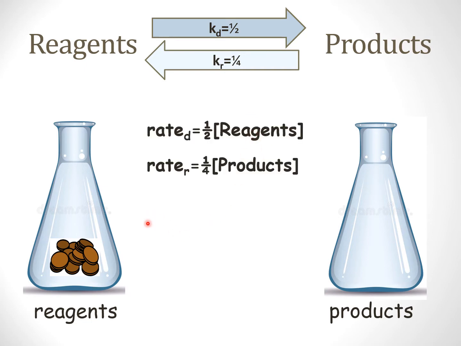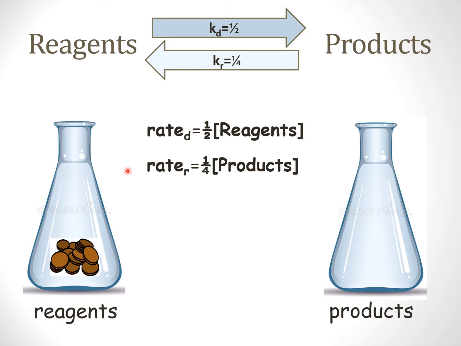So the rate of the direct reaction is directly proportional to the concentration of the reagents, with an exponent of 1 just because it's first order, and the value of k is 1/2. For the reverse reaction, we have a k of 1/4, and the rate is directly proportional to the concentration of the products. Now, if we have actual molecules, the concentration would be the molarity of the products and the molarity of the reagent.